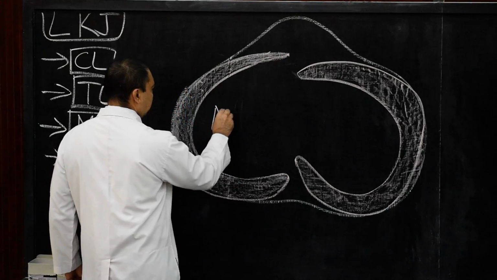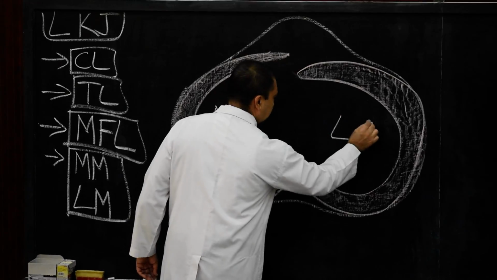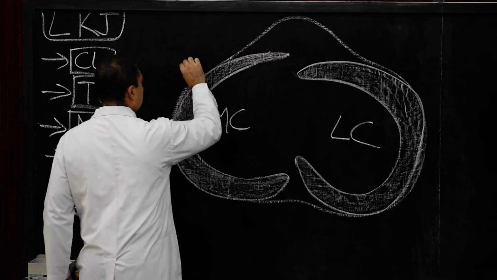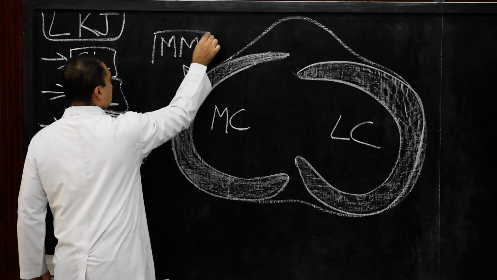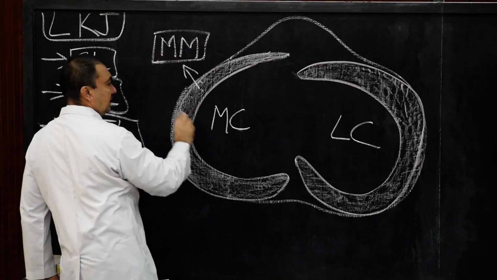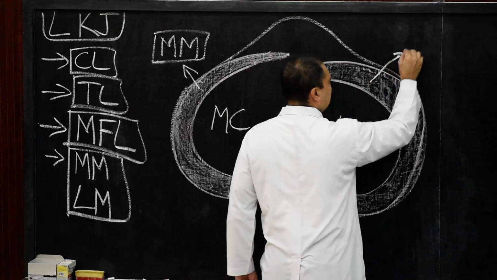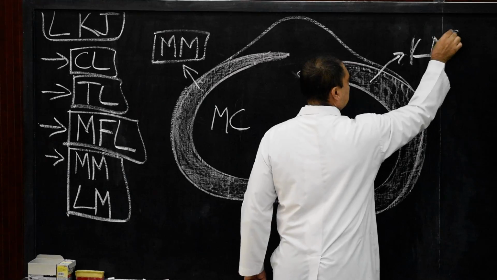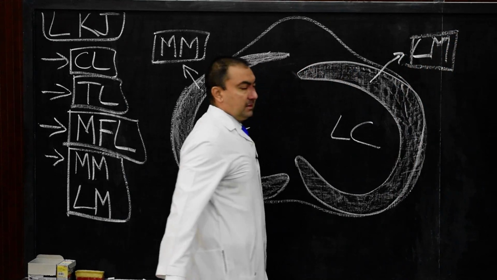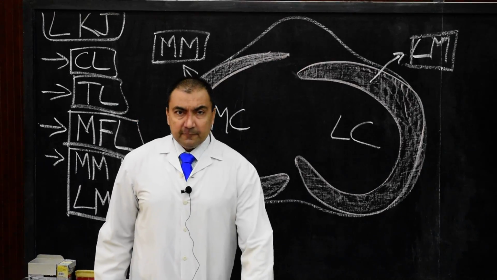So this will be the medial condyle, this will be the lateral condyle, this will be the medial meniscus, and over here this will be the lateral meniscus. So this completes our diagram for today.